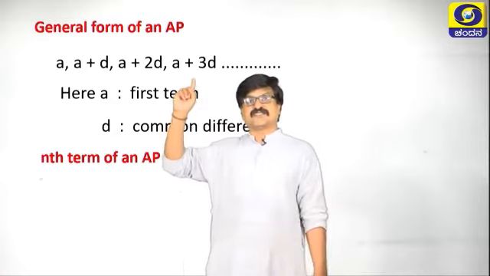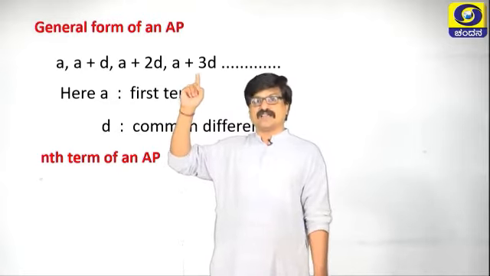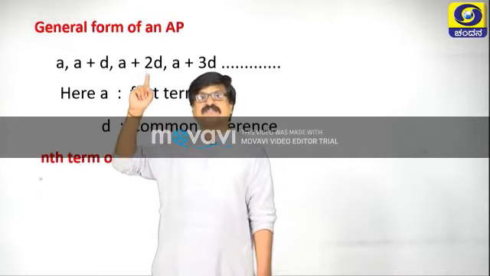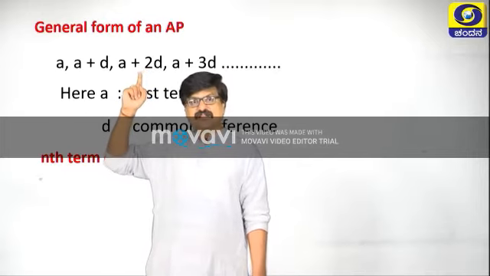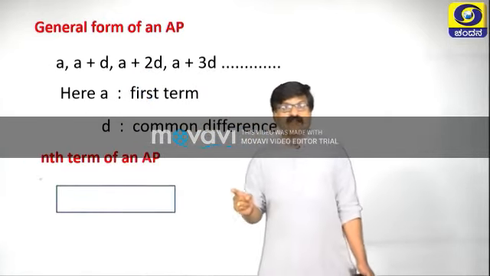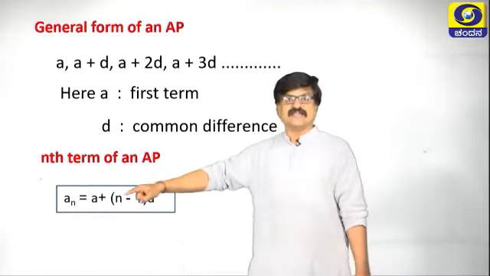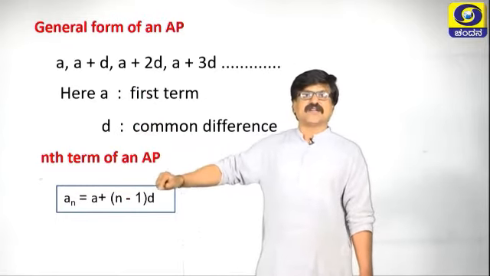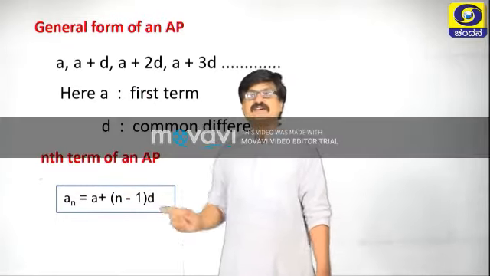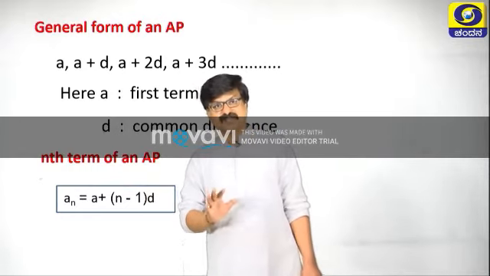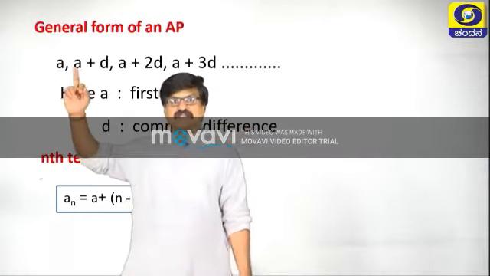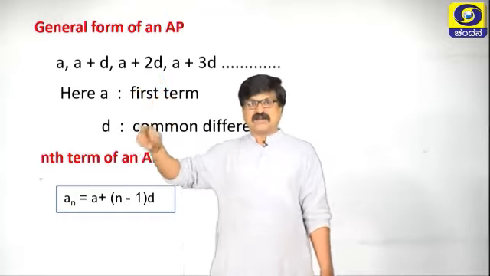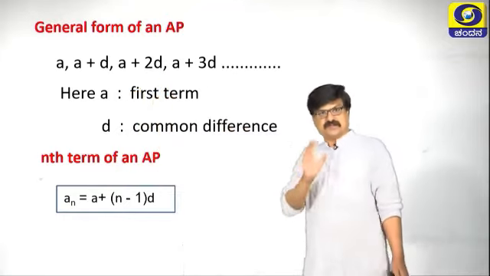Observe, this is the fourth term, the coefficient is 4 minus 1. Third term, its coefficient is 2, that is 3 minus 1. Similarly, in the nth term, a is there, plus d, but the coefficient of d is n minus 1. Why? Because for the first term it is 1 minus 1, second term 2 minus 1, third term 3 minus 1, in the nth term it is n minus 1.